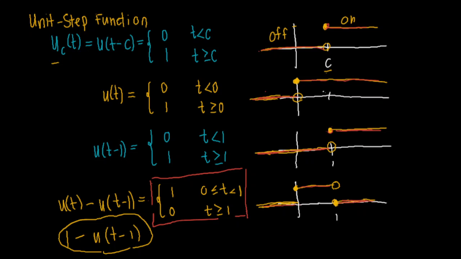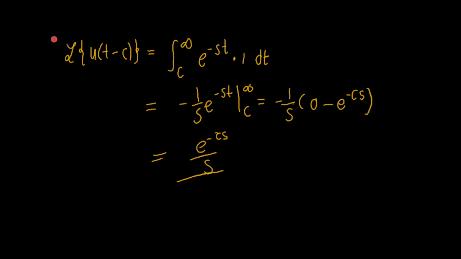This is just the Laplace transform of any unit step function. If your c is, for example, 1 here, you just change 1 here. If your c here is 2, you change 2 here. This is just the Laplace transform of the unit step function.